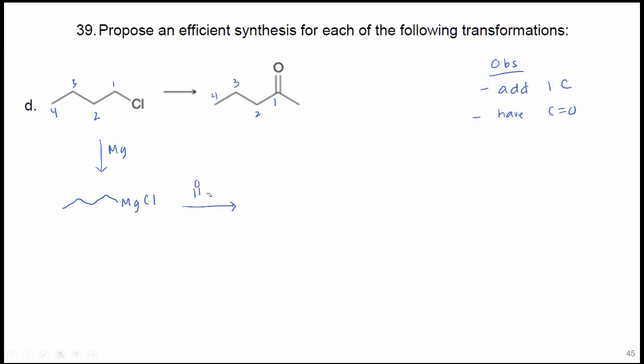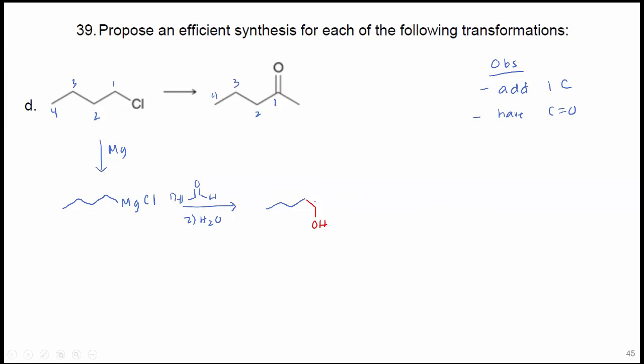If I add 1 carbon, formaldehyde, all right, there's my original 4 carbons. This is the second one, and I would get an OH here. So that would put my carbon in the wrong position.